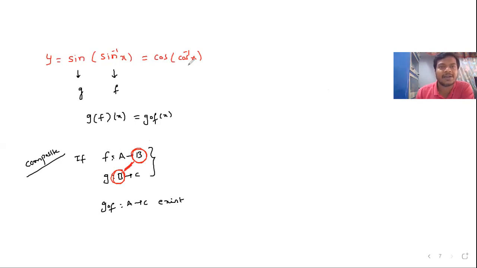Let us verify here. For the first function, f is clearly sine inverse of x. It is defined from minus 1 comma 1 to minus pi by 2 to pi by 2, right?